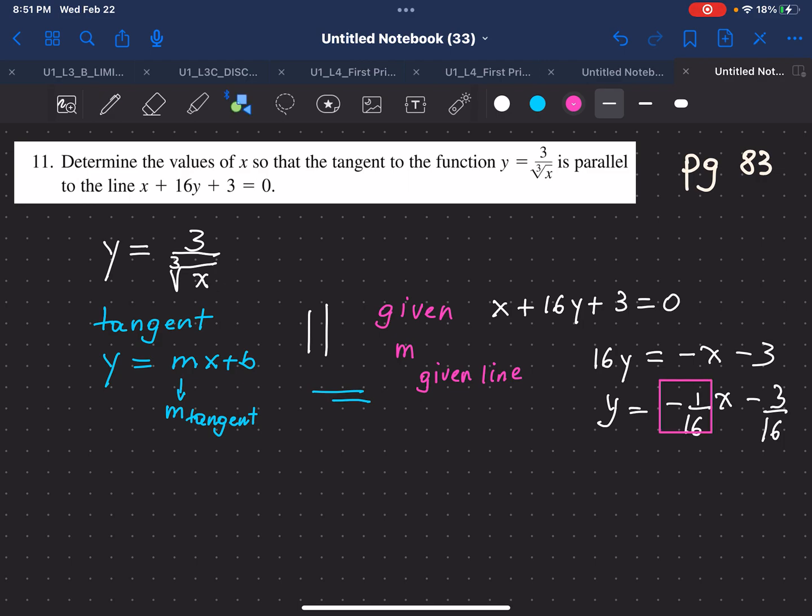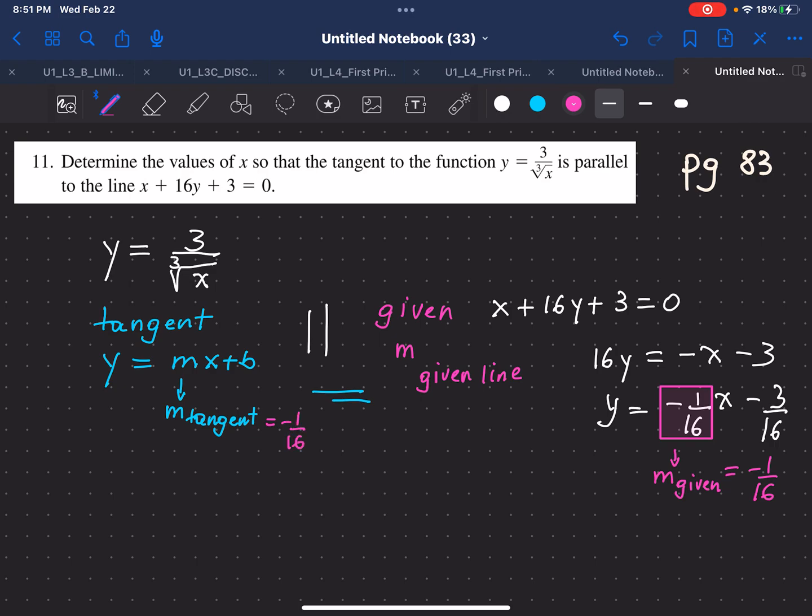That's the slope, which is the number in front of x. So that tells us that the slope of the given line here, which is negative 1 over 16, must be the same as the slope of the tangent, which would be negative 1 over 16 as well.